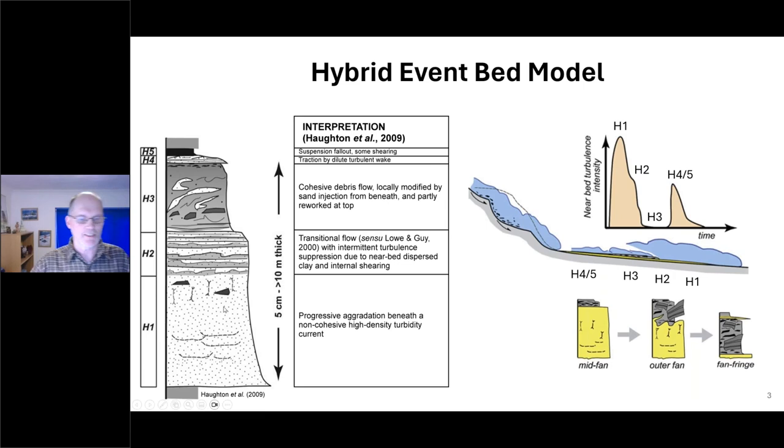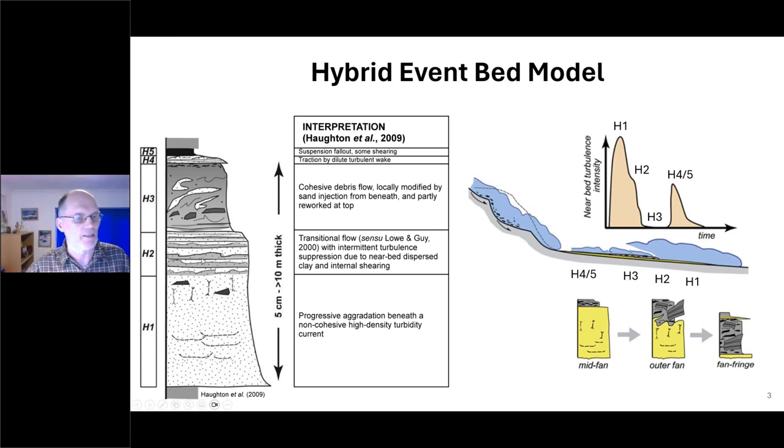On the left-hand side here is the original hybrid event bed facies model proposed in 2009 by Haughton and co-workers, that probably most of you will be familiar with. There is an H1 division at the base, which consists of massive sand formed from a forerunner high-density turbidity current.